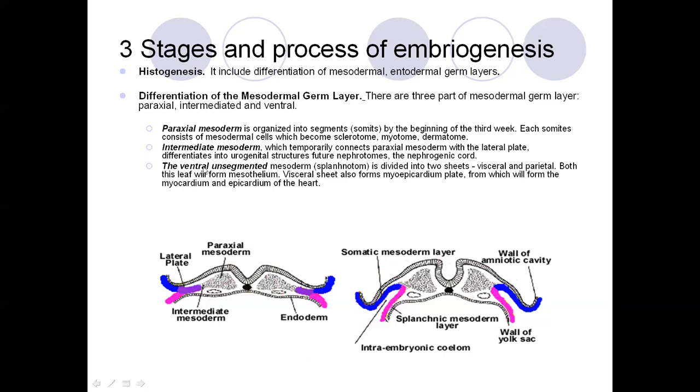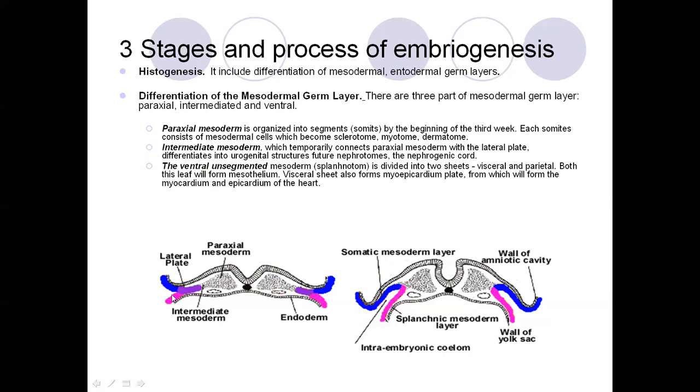Then, the ventral unsegmented mesoderm, splanchnotome, is divided into two sheets, the visceral and the parietal part. Both of these leaves will form mesothelium.